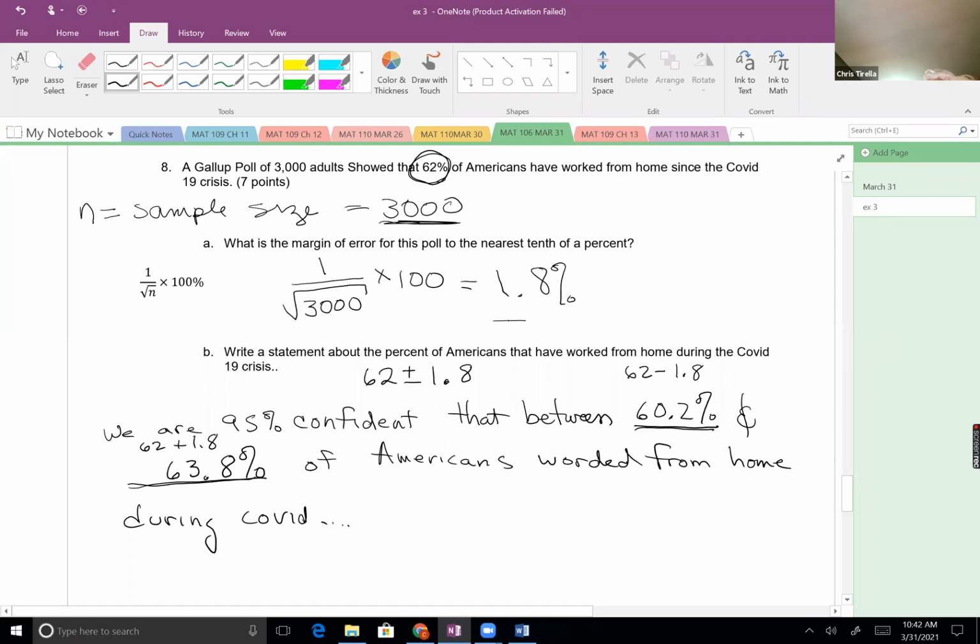How near? Our margin of error says it can be 1.8% above and below. So while it won't be exactly 62, it'll be near 62. Probably 95% of the time, it should be between 60.2 and 63.8%.